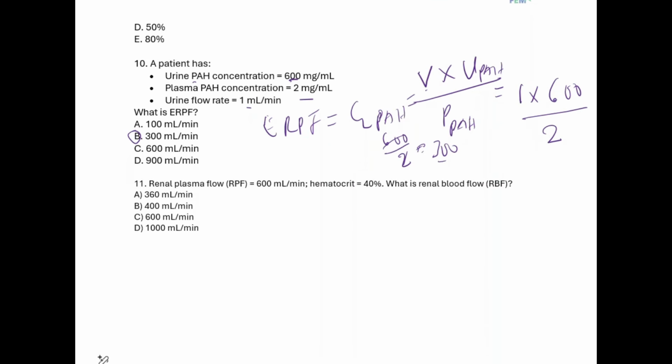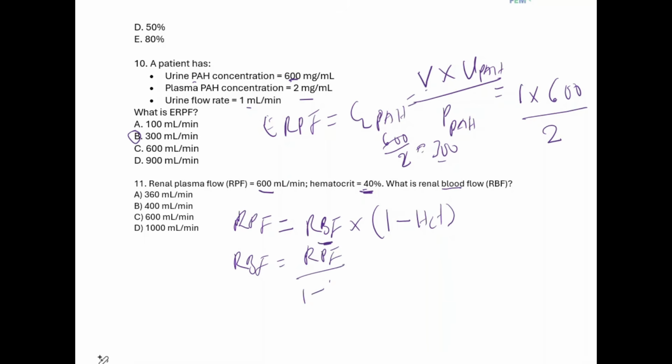And the last question for the day, guys. The renal plasma flow here is 600. Hematocrit is 40%. What is the renal blood flow? As you remember, the renal plasma flow is equal to renal blood flow multiplied by 1 minus hematocrit. So from here, we can make the renal blood flow the subject of the formula, and that will equal renal plasma flow divided by 1 minus hematocrit.